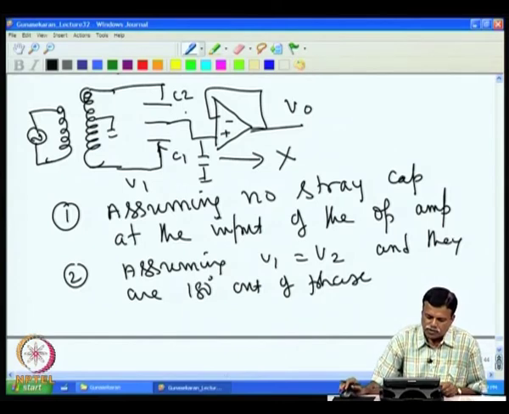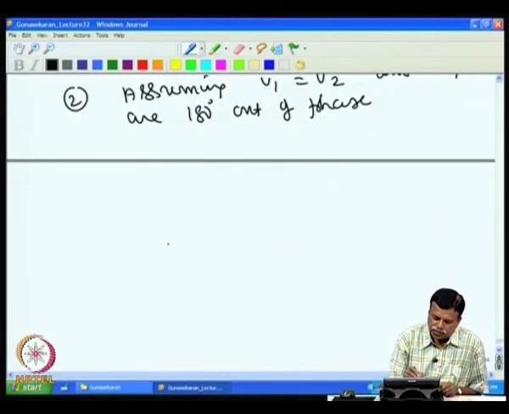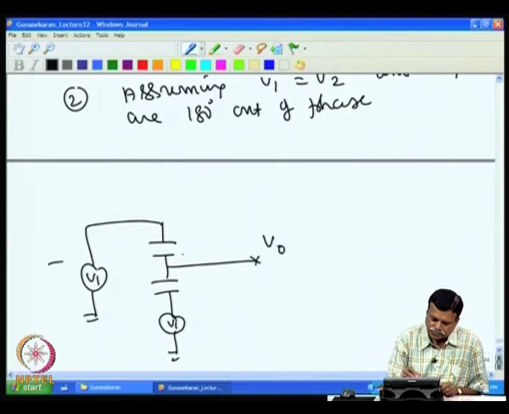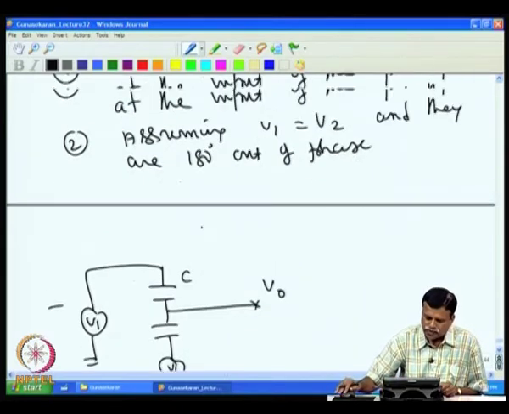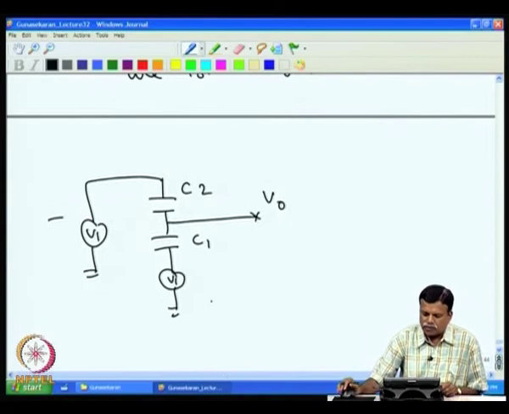The equivalent circuit becomes like this: I have two capacitors, one with V1, another with minus V1, and here is the voltage V0, that is C2 and C1. So, we have to find out what the voltage V0 is.